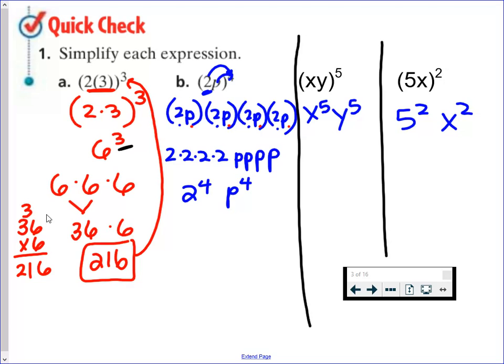And then you may be wondering, well, can't I solve some of that? Yes, actually, we can. 5 to the 2nd is 25. 2 to the 4th is 16. So yes, if there are numbers, we can go ahead and solve them.